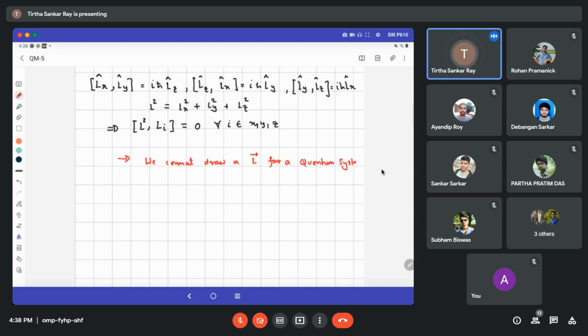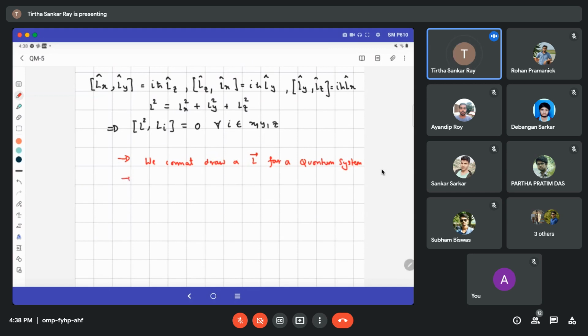Because if you want to draw the vector, you need to know Lx, Ly, and Lz. Only then can you give L a specific direction and magnitude. You need to know all three components simultaneously. But in quantum mechanics, and this is not because of any experimental limitation, just intrinsically, angular momentum is such and quantum mechanics is such that you cannot draw the L vector at all. So this is number one.